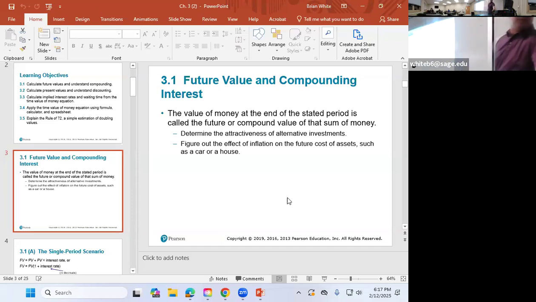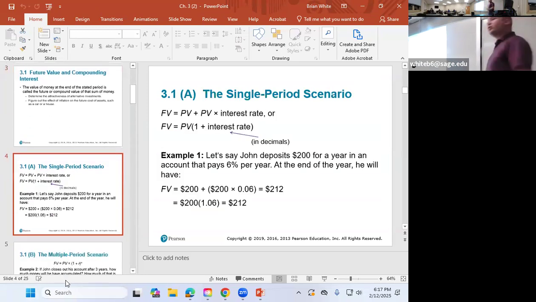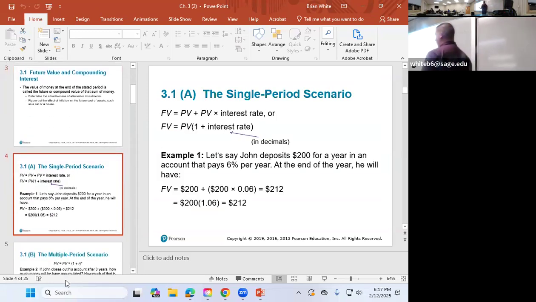So that's future value. Future values can come across a single period or multiple periods. I don't like anything in a single period. I want my money to grow. I don't want to make 6% for one day. I want to make 6% tomorrow, 6% next week. I want it to grow.